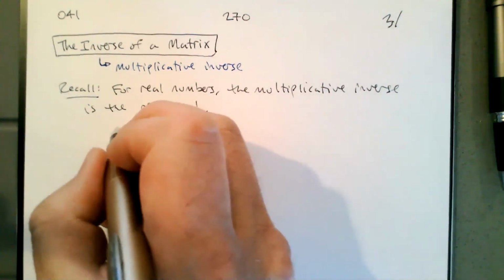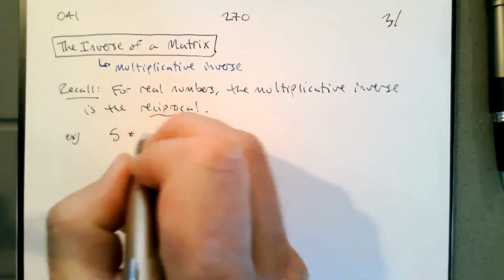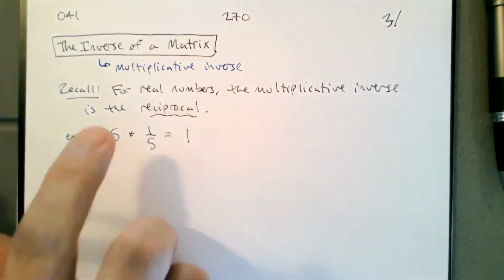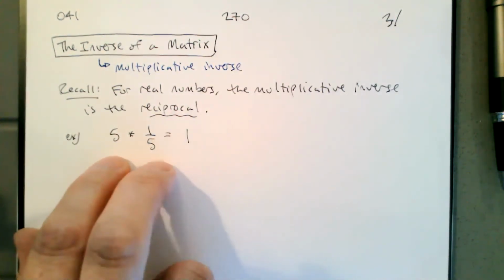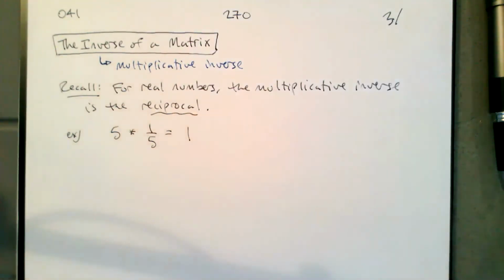So 5 times 1/5 is equal to 1. 5 is a number, 1/5 is the reciprocal of 5. When we multiply them, we get 1, which is the multiplicative identity.